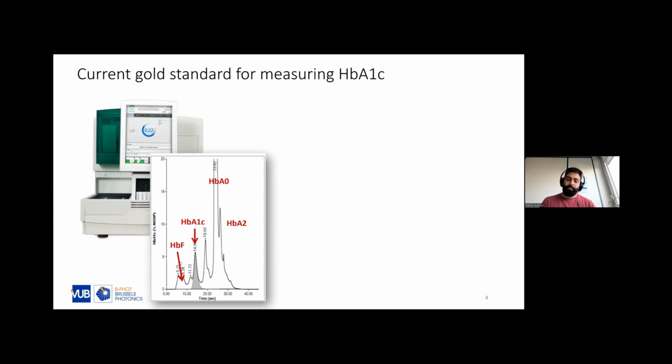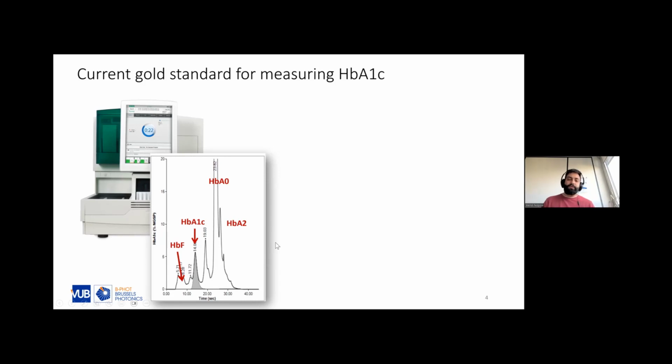When these components are separated, they come out of the chromatography device at different times. They know that the first one to come out is HbF, the second one is the glycated hemoglobin, and so on and so forth.